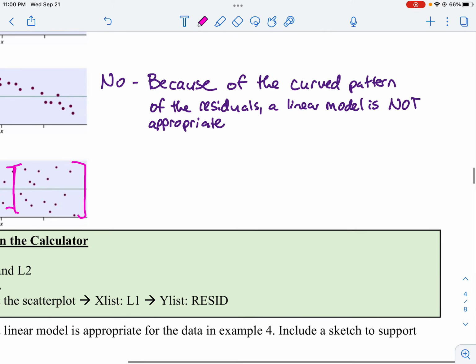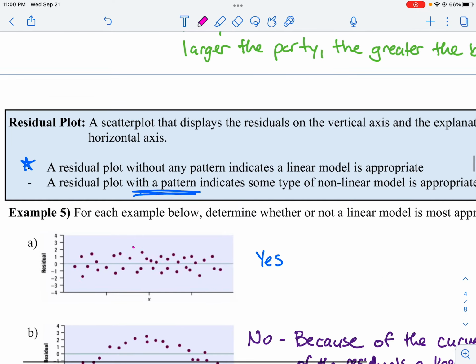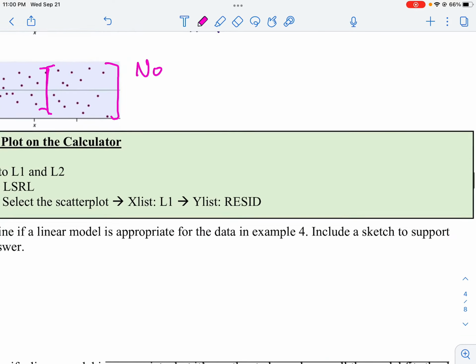And so what we would say is, no, a linear model is not appropriate because as x gets bigger, our errors increase. As x gets bigger, our guesses become less and less accurate. So that means a linear model isn't going to be very helpful for us here because we're not increasing by roughly the same amount. We don't have common residuals like we have here throughout.